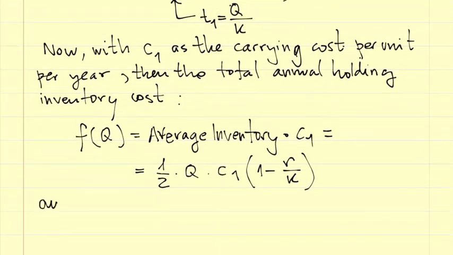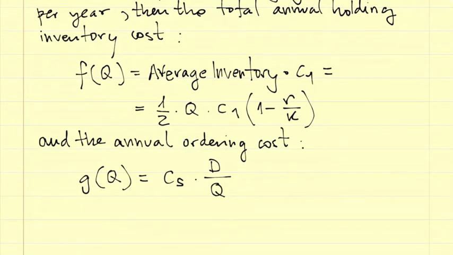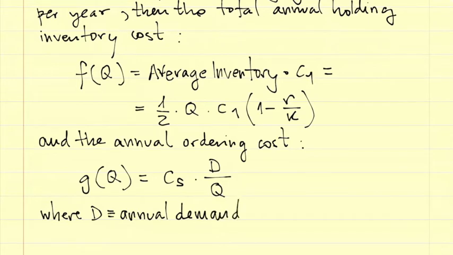And the annual ordering cost is given by G of Q, which is CS times D divided by Q, where D is the demand, annual demand, as we saw before, in a year. Okay.